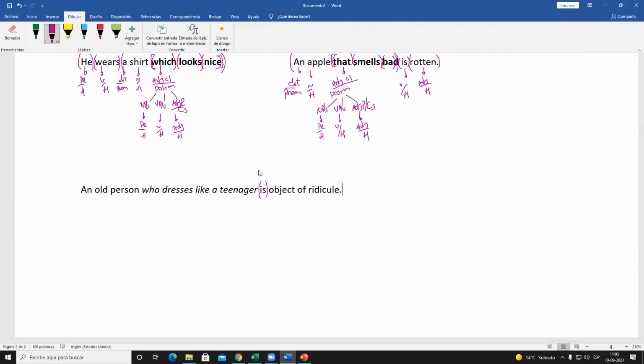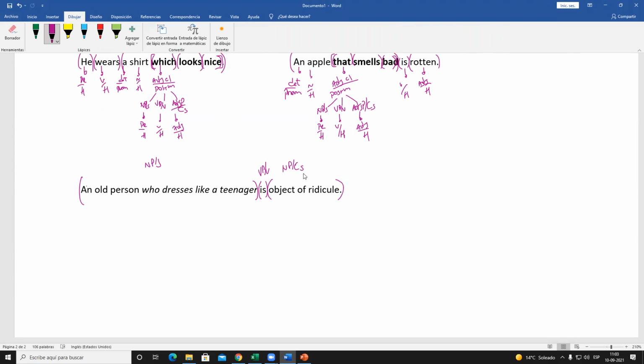This is our verb phrase from the independent clause, and then we have an old person, and so on. This is our noun phrase subject, and this is, I would say, a noun phrase subject complement.